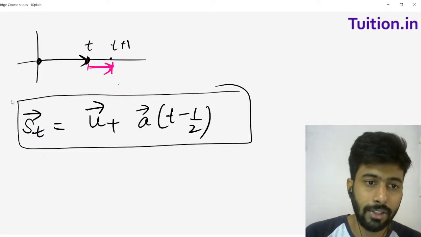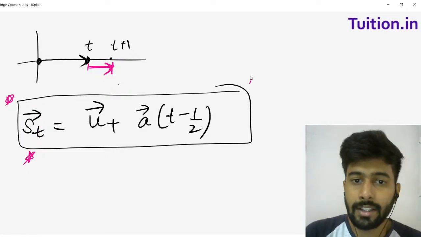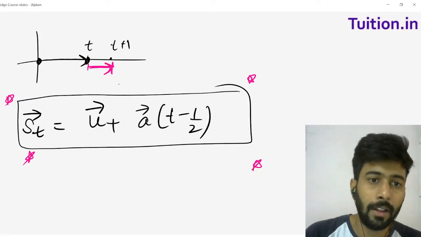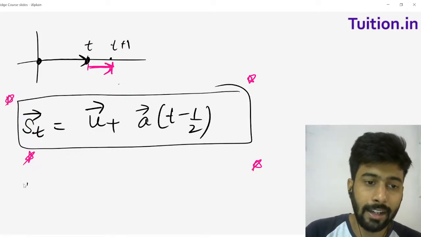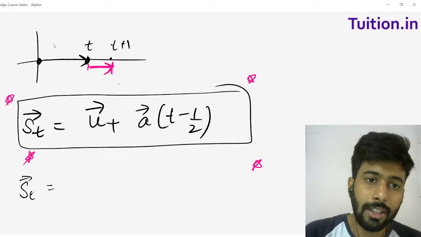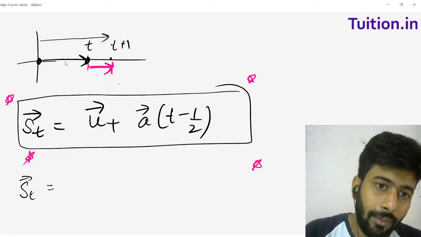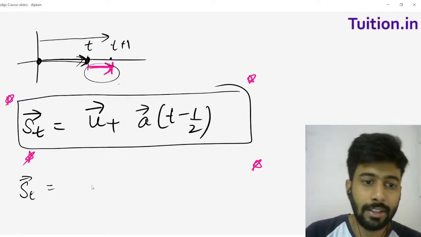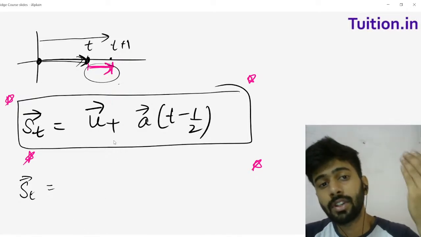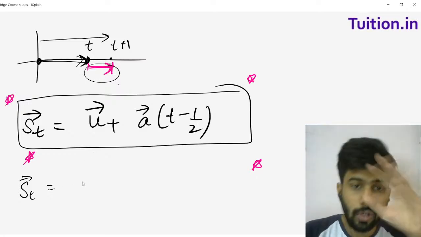It's a simple derivation. So how do you get this displacement, people? This displacement in the tth second is nothing but the displacement from start to t plus 1, and then you subtract from that the displacement from start to t, and you'll get this. So how do you get the displacement which was covered from start to t plus 1?